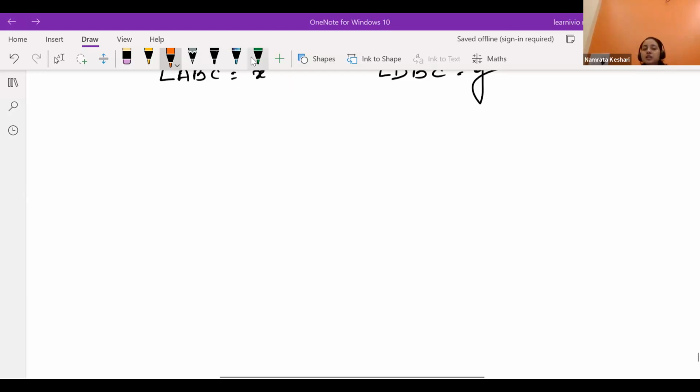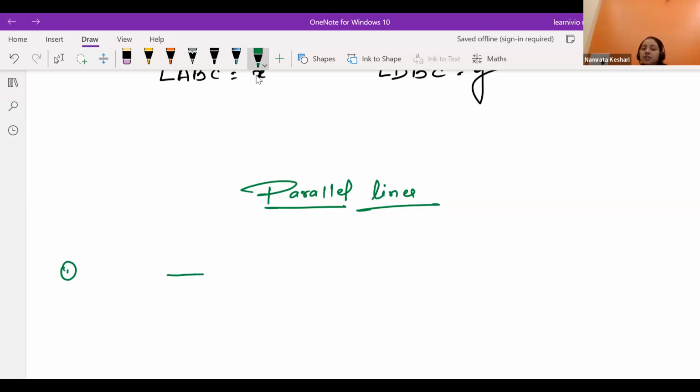Now let's start the discussion of parallel lines. Scenario number one is when you have two random lines, L and M. We don't know whether these two are parallel or not.